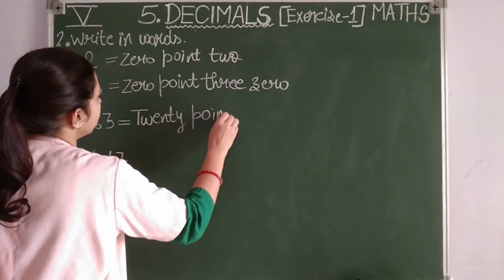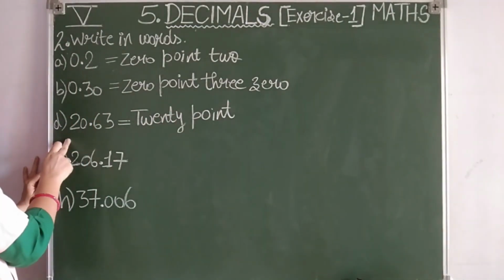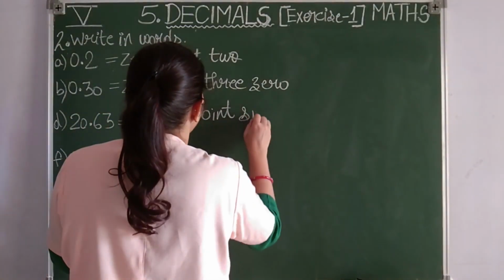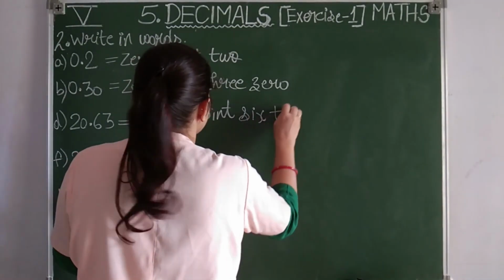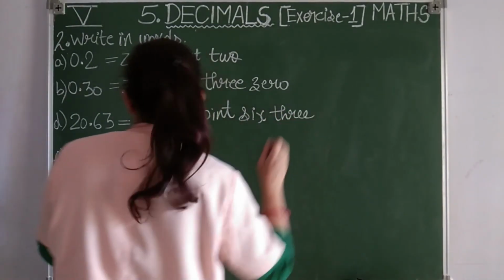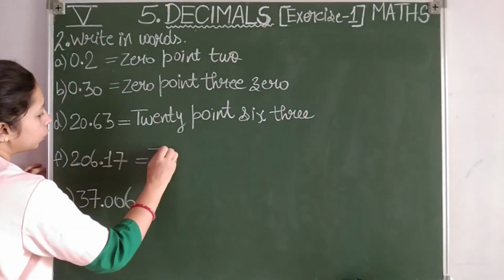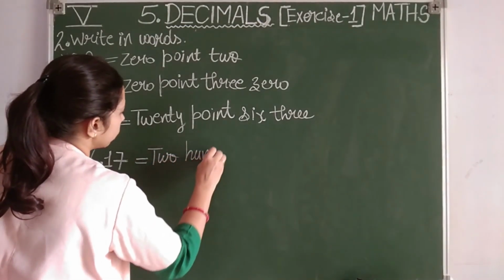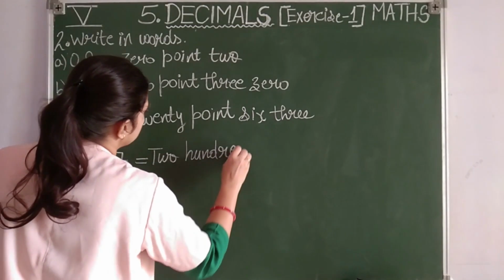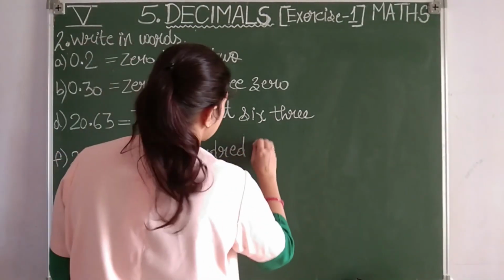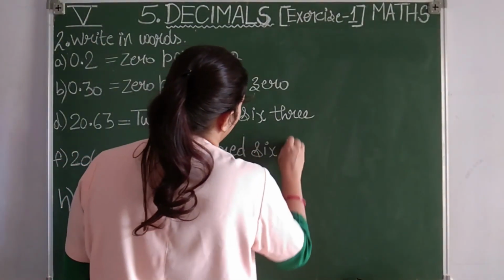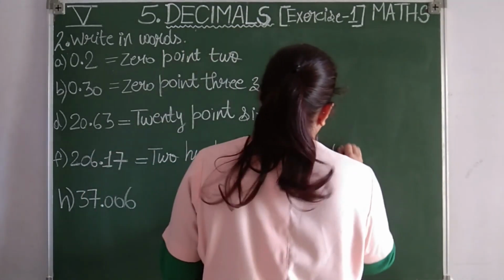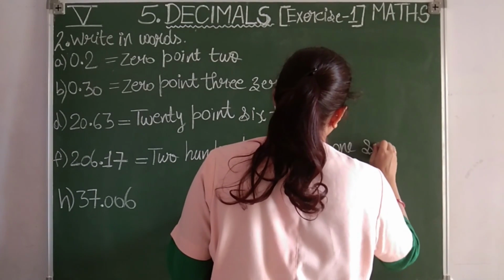Then in the same manner it will be written as 20.63. You can join the whole number part and you can read. But for the decimal fraction you have to name it separately. 63. Okay, then 206.17.